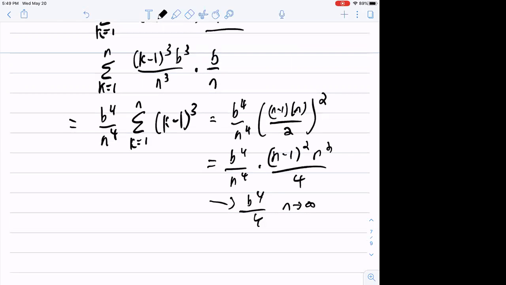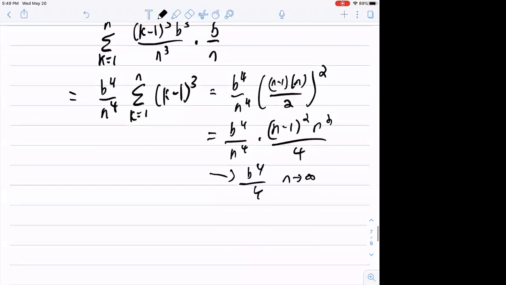So for my partitions P_1, P_2, with n as the index, it goes to b to the fourth over 4. So I found a sequence of partitions going to b to the fourth over 4, but L of f is the supremum over all partitions. So L of f is only bigger than or equal to b to the fourth over 4.